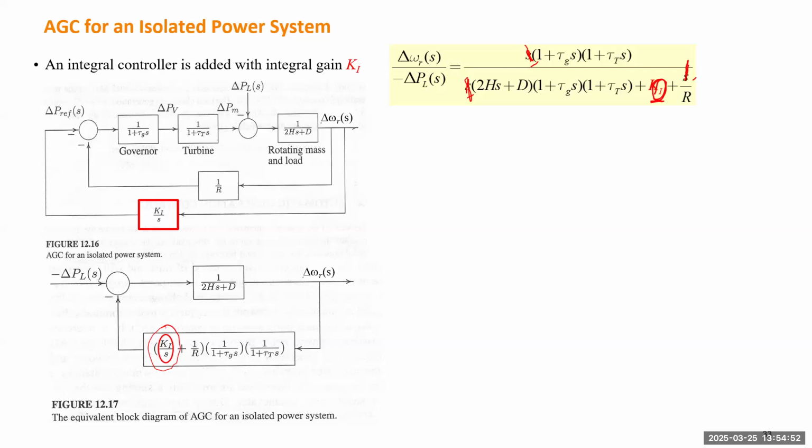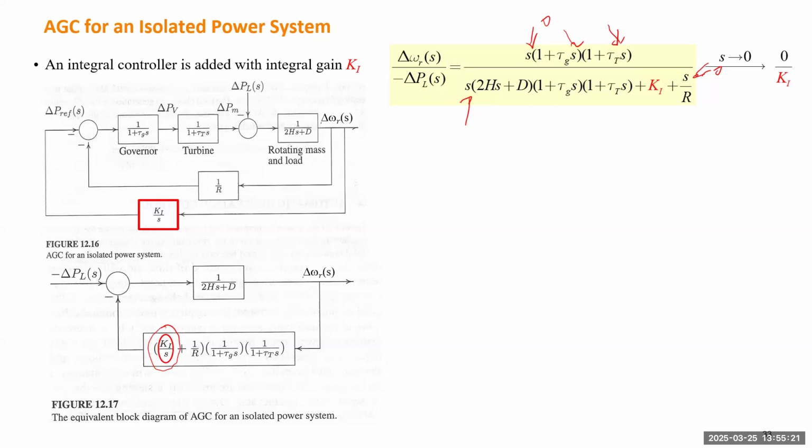But now, if Ki is not 0, no matter what value we take, when you plug in 0 for s, you're going to get 0 divided by non-zero.